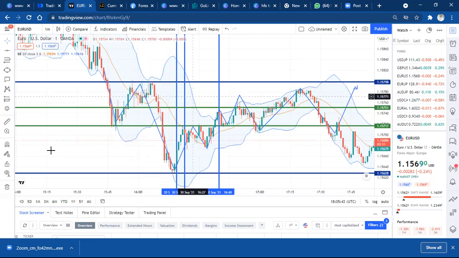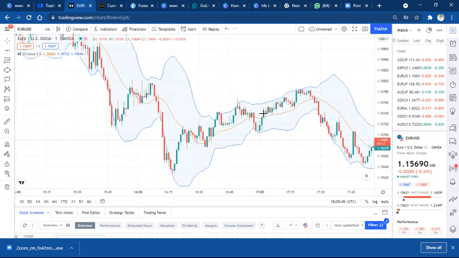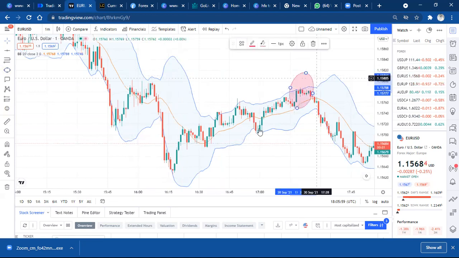You can see an example here. Let me remove some of my drawings so that you can see it clearly. Over here, can you see the price was coming right here, and when it touched the Bollinger Band, it went down.